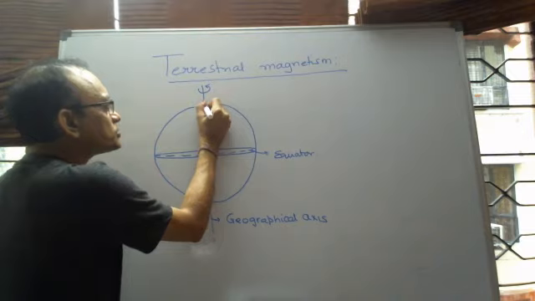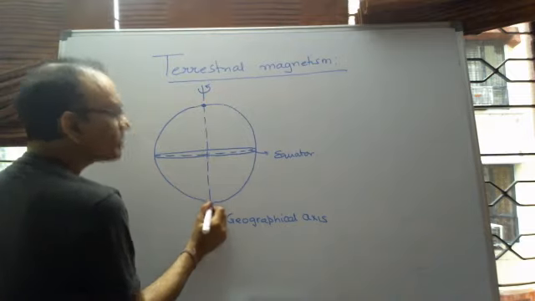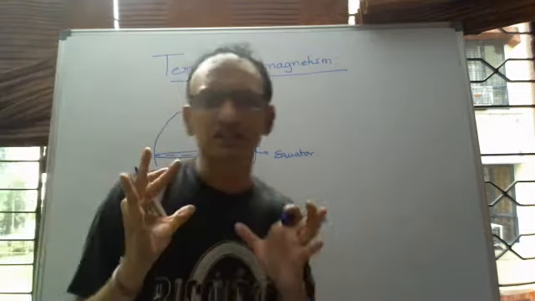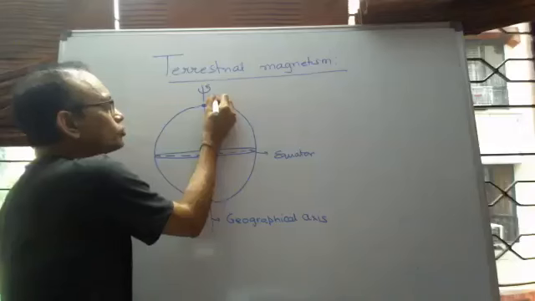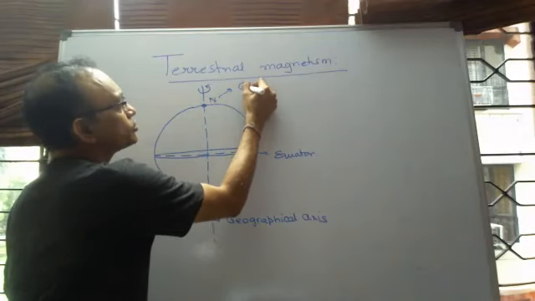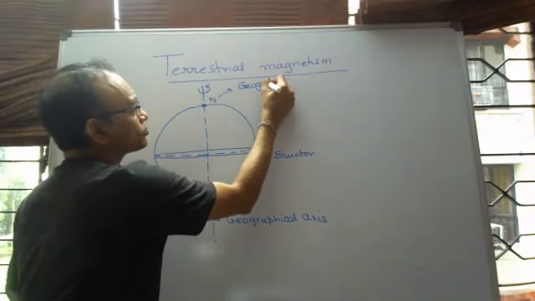And at this position, we have what is called the Arctic Circle. And this is called the North Pole, geographical north or true north.